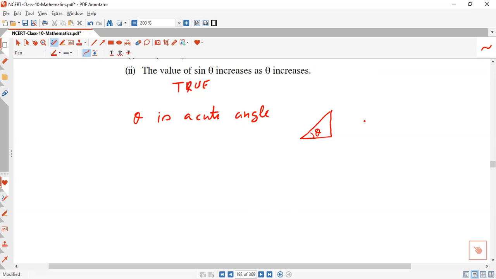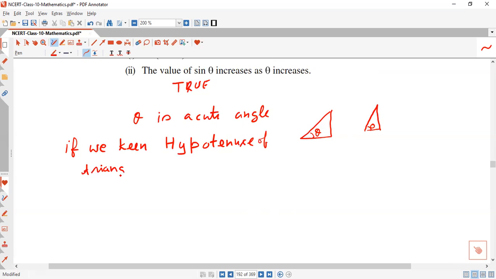If theta increases, if we keep the hypotenuse of the triangle constant, the increase in theta means increase in the perpendicular.